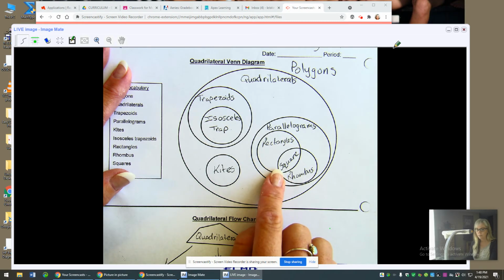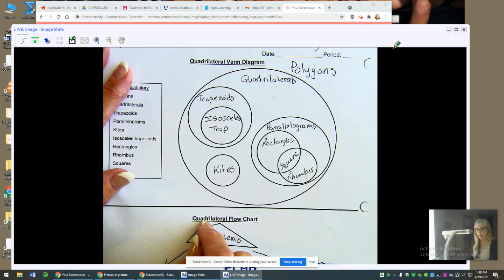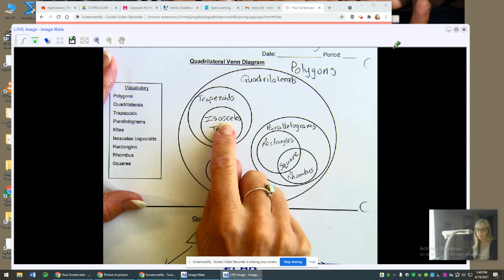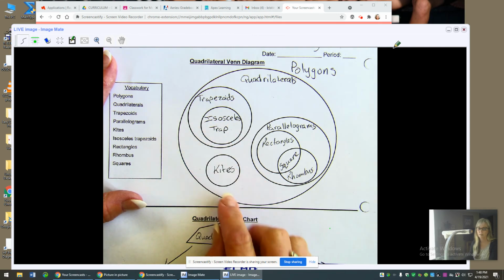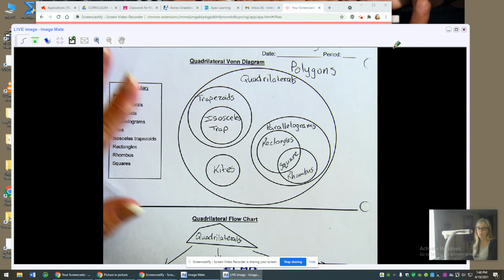So the square falls into every single circle we've got here, except these over here. We haven't addressed those yet. We'll probably be getting to trapezoids, then a more specific trapezoid called an isosceles trapezoid. We'll get to that later. And then a kite's just an oddball. The only thing it's got in common with any of them is that it's a quadrilateral. In any case, we'll get to those later.